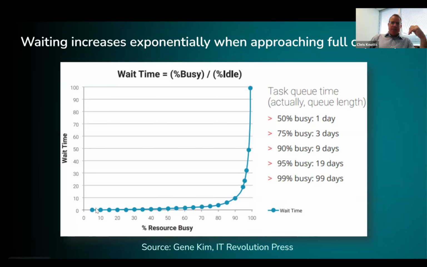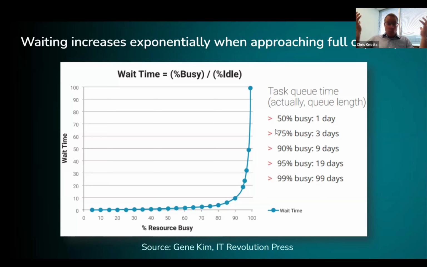There's not a lot of difference between being completely idle or being 90% busy. But once you get more than 90% busy, and this is for any resource, individual or entire department, or even the entire organization, all of a sudden people are going to have to wait on you because you have so much to work on that you have to plow through that work item by item. And so there's going to be a lot of waiting.